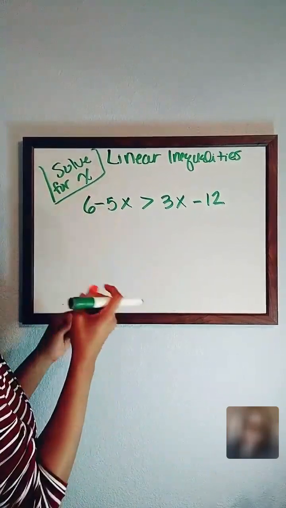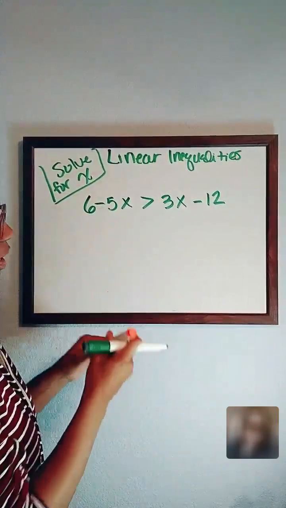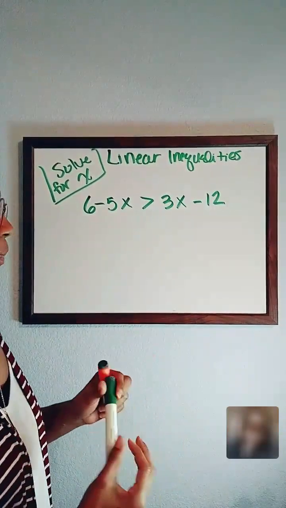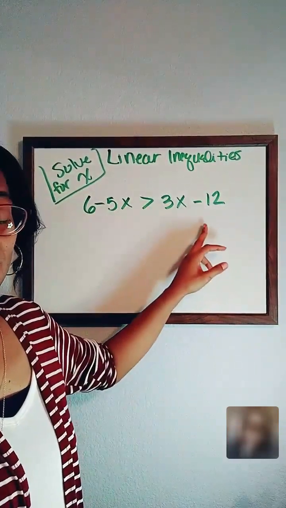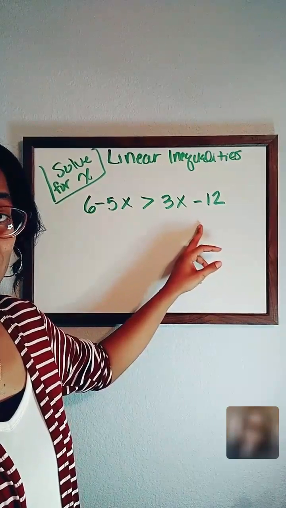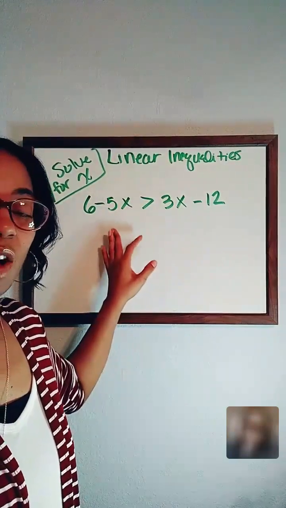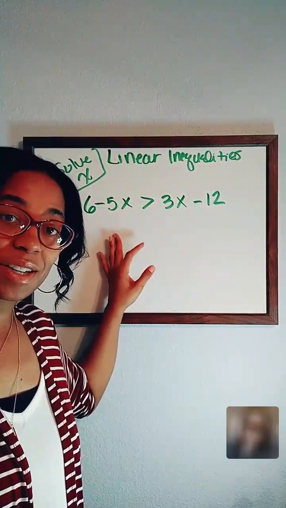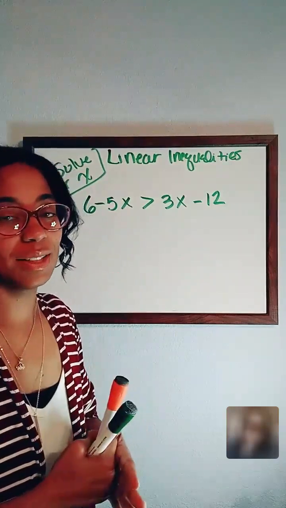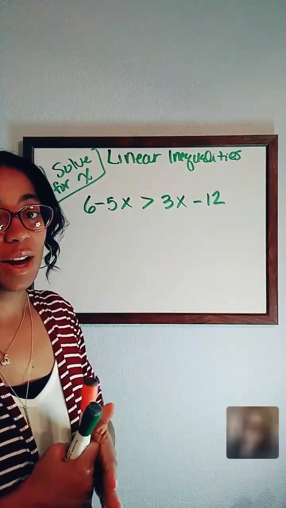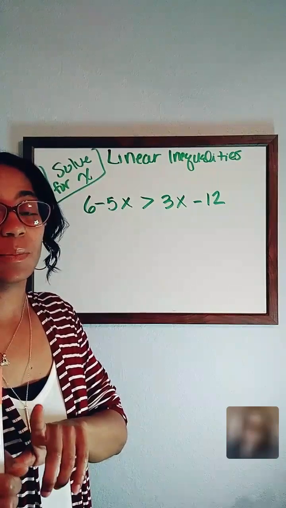Yes, add 5x. Ooh, okay, so y'all, this is what I'm gonna tell you. Be careful moving your x's to the right side. I know they taught y'all to always move the smaller number, but when you read the inequality, you have to make sure you read it right. I'm gonna go ahead and solve it because everybody's telling me to move 5x, right?